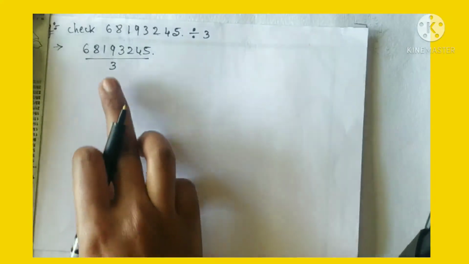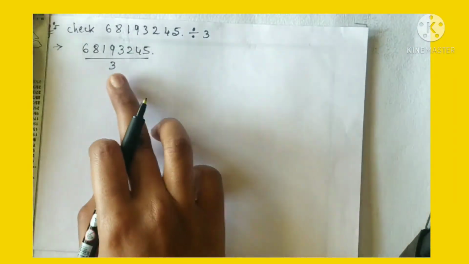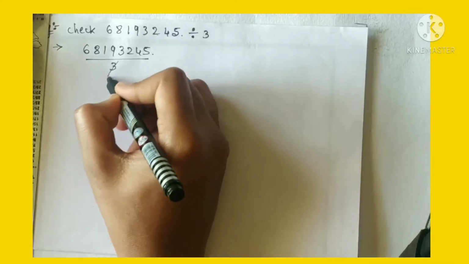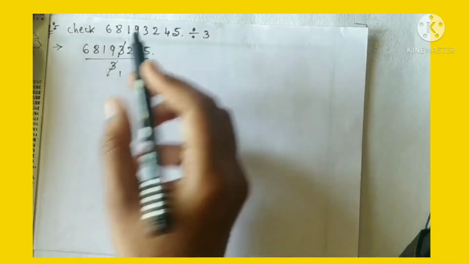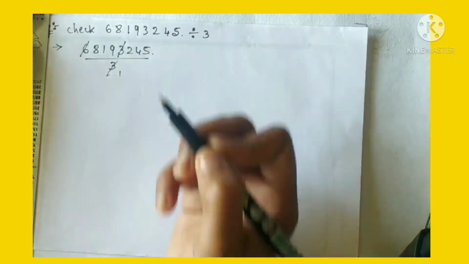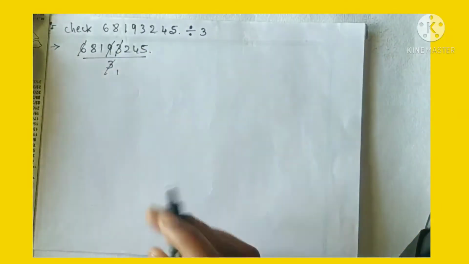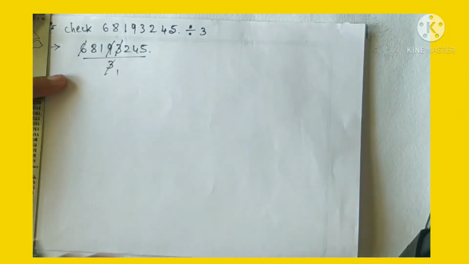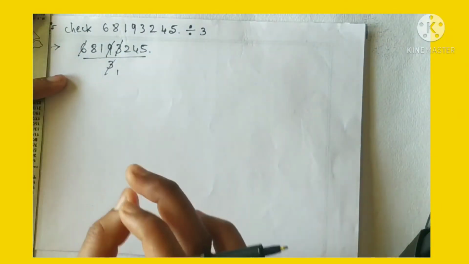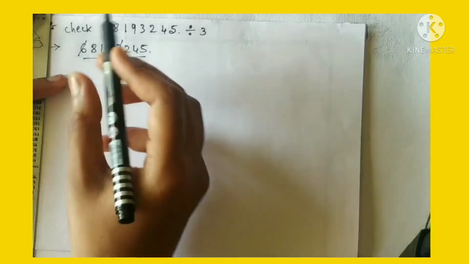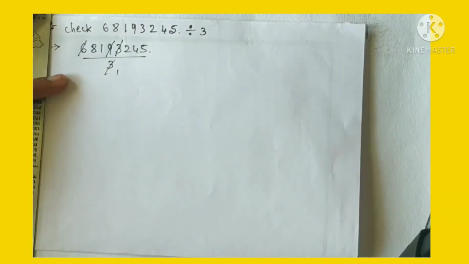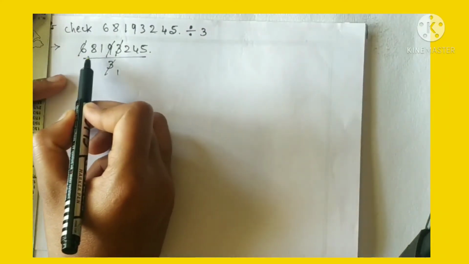Now I directly cut off the numbers which are divisible by 3: 3 ones are 3, 3 twos are 6, 3 threes are 9, directly cut off.